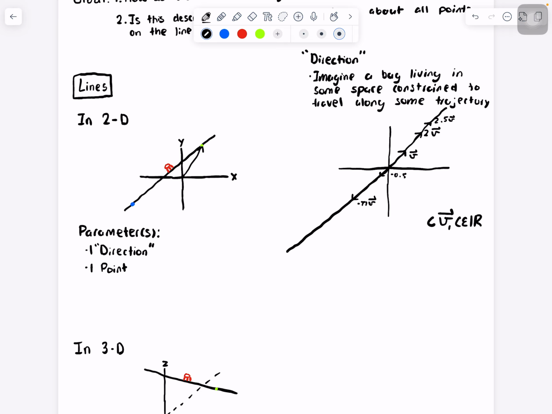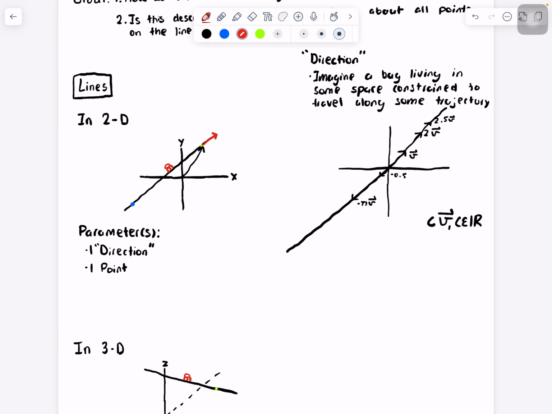But now what can I do? Well, now I can take a vector that lies along this line. Let's say it's this vector right here. And now I can use the idea of taking some linear combination to get to that blue point.